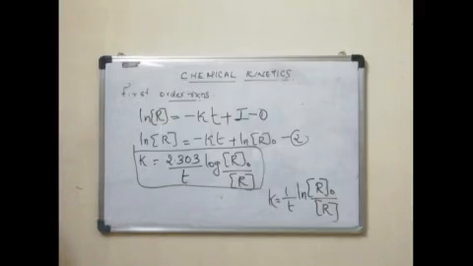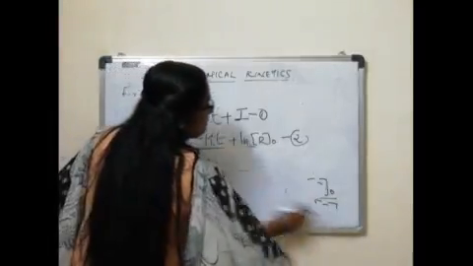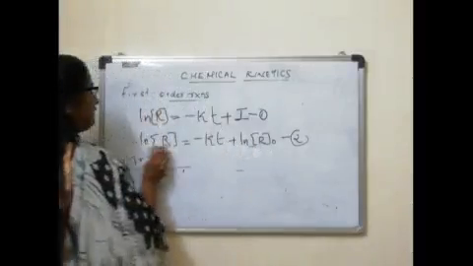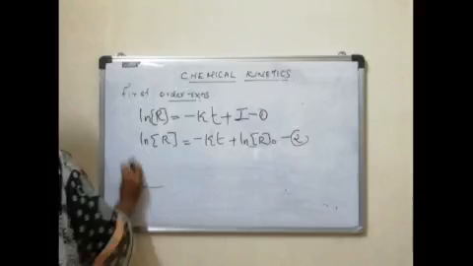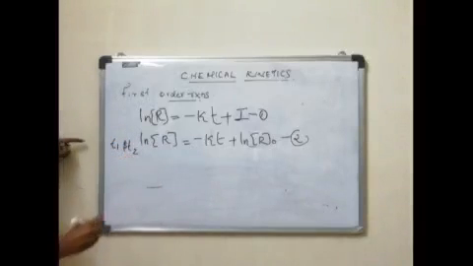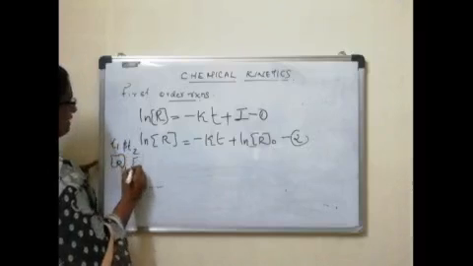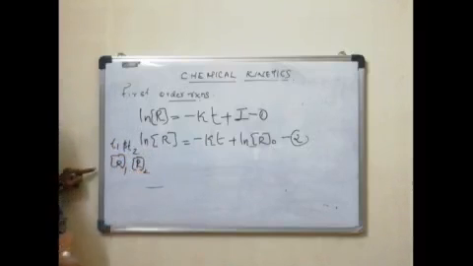For that, we are considering different times t1 and t2. We have to derive an equation considering the concentration of the reactant at time t1 is R1 and at time t2 the concentration of reactant is R2.